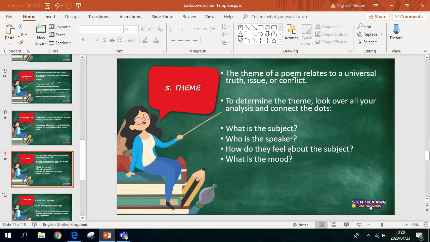Remember I said to determine the theme, you have to look at the overall analysis, and that is: what is the subject, who is the speaker, how do they feel about the subject, and what is the mood. So you have to answer all of those questions prior to getting to the theme. Once you have answered all of the steps or questions, by the time you get here, you already know what the theme is. Okay.